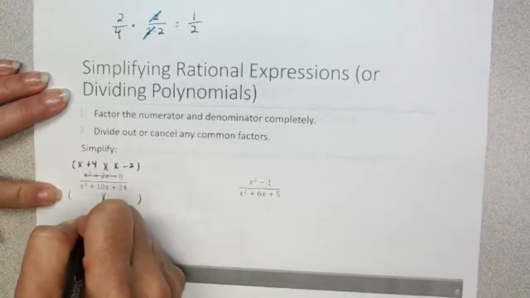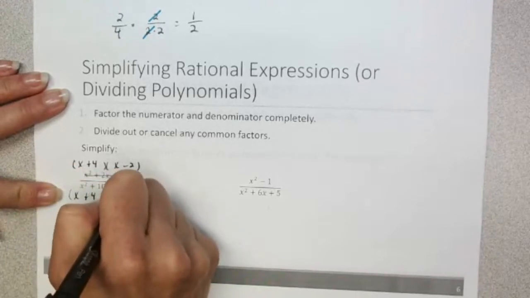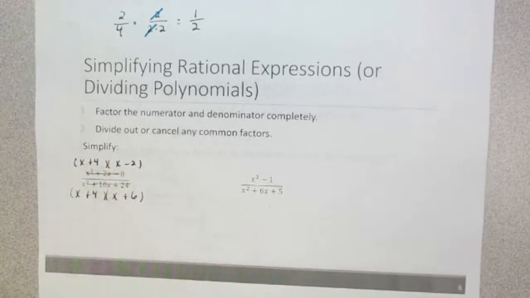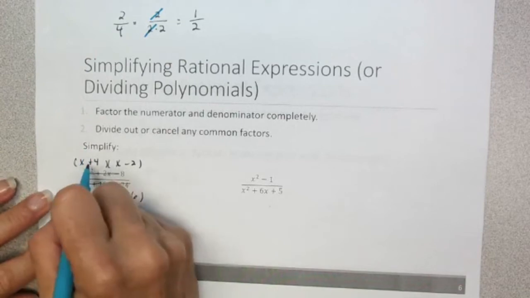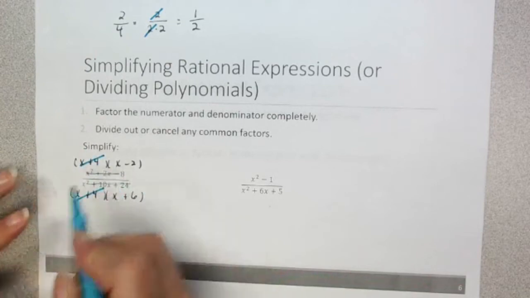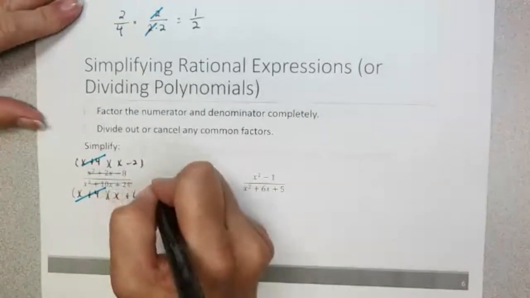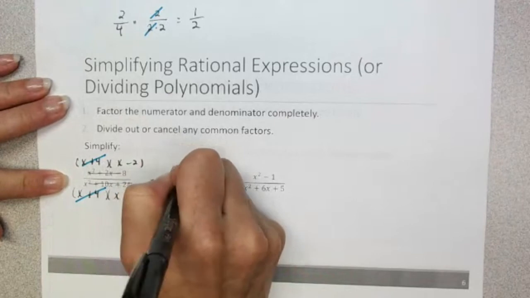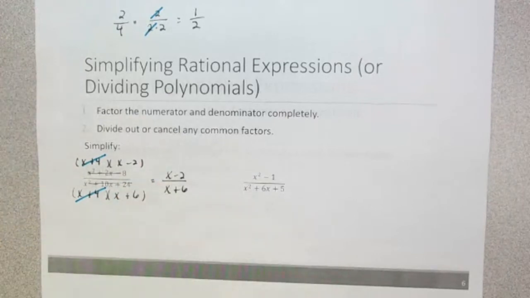That's going to factor into x plus 4 times x plus 6. Okay. Now that we've fully factored both the numerator and the denominator, we can see that there is a common factor of x plus 4 in both the numerator and the denominator. So they'll divide out, and the simplified version of this rational expression is x minus 2 over x plus 6.